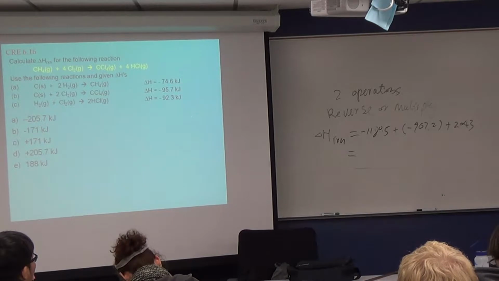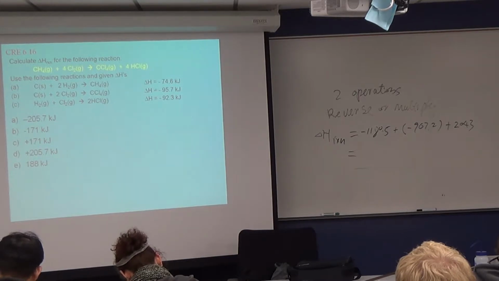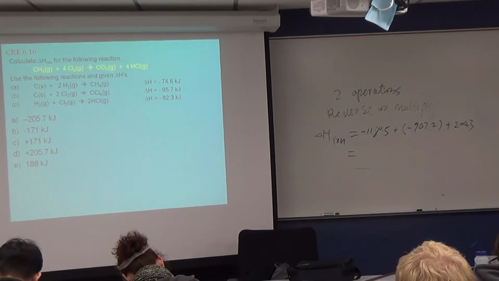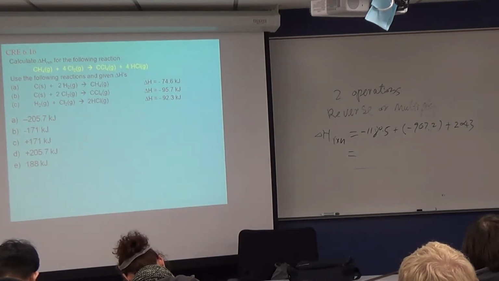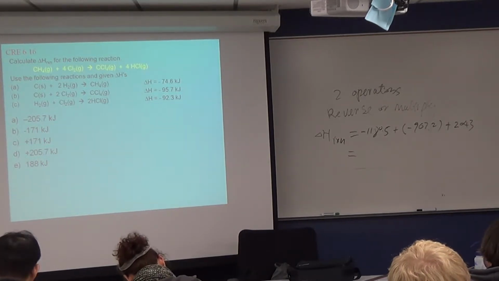What do you do to C, to equation 3? For CCl4, you don't do anything to it. It's already in the right place, it's already one. The next one is HCl, right? HCl is in the same place, you just have to multiply by 2. Very good.